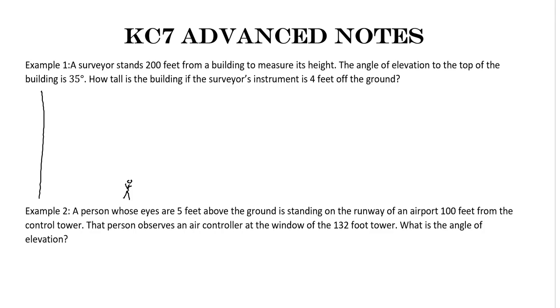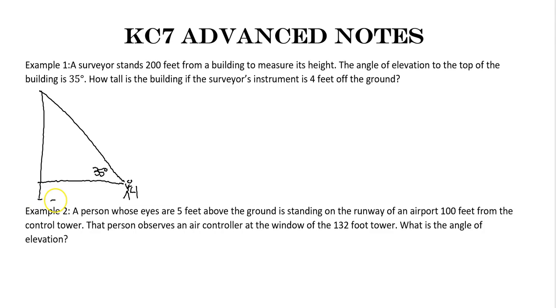Now we're going a little more in depth because we're taking into account that when I look up at a building, my eyes aren't on the ground. If I'm looking through a piece of equipment, my eyes are up here. The equipment is 4 feet tall, and this angle of elevation is 35 degrees.